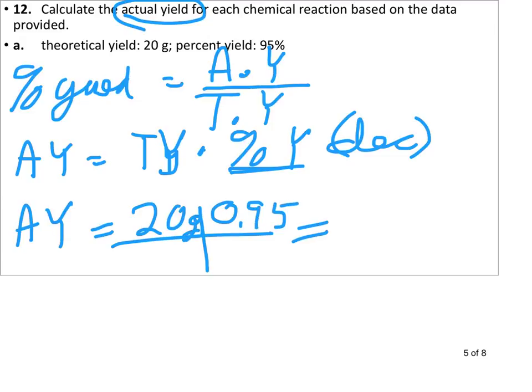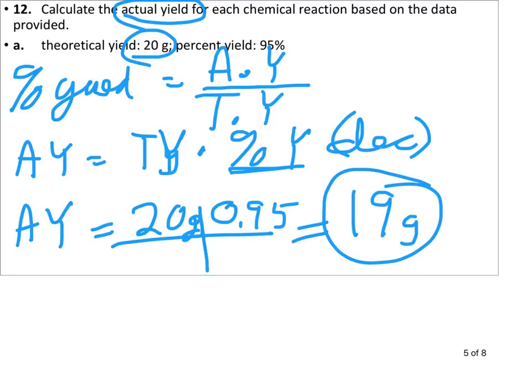And we'll keep 2 sig figs. 20 grams, actually only 1 sig fig, but I think they probably meant it to be 2. So we'll keep it as 2, 19 grams. Otherwise, we'd have had 20 for both of them, and that wouldn't have really made sense.